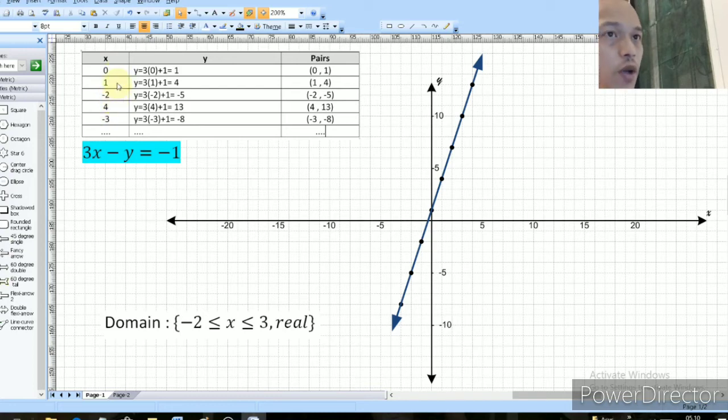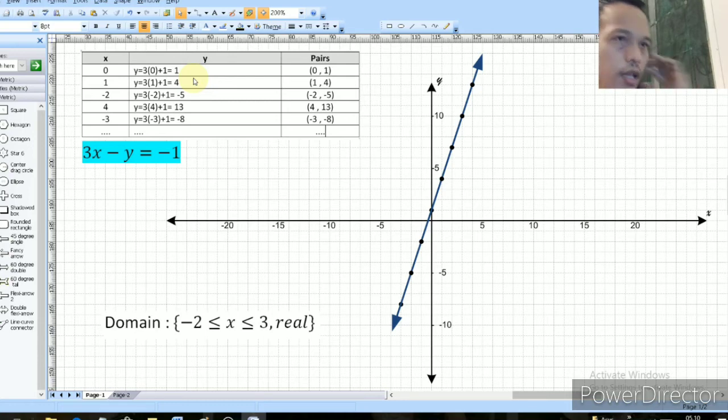You can only use 1, 3, and so on. So the domain regulates all of the x that you can use to substitute into the equation, and the range is all the y values that come out because you used the domain. So, all possible values of your y based on the x that you use from the certain domain.